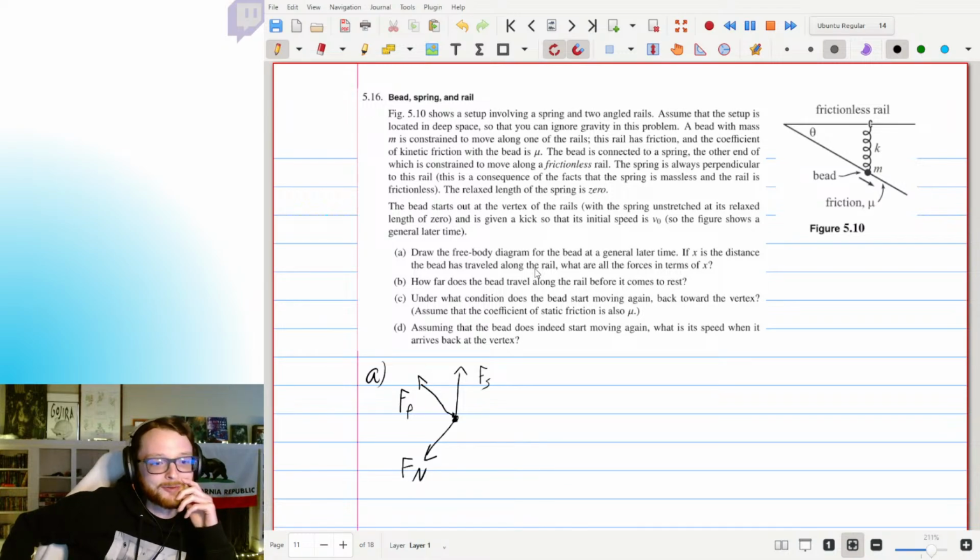Friction goes in the other direction? Well, wait. The bead is moving to the right, though. Shouldn't friction, if the bead is moving that way, should friction not be opposing the direction of movement?